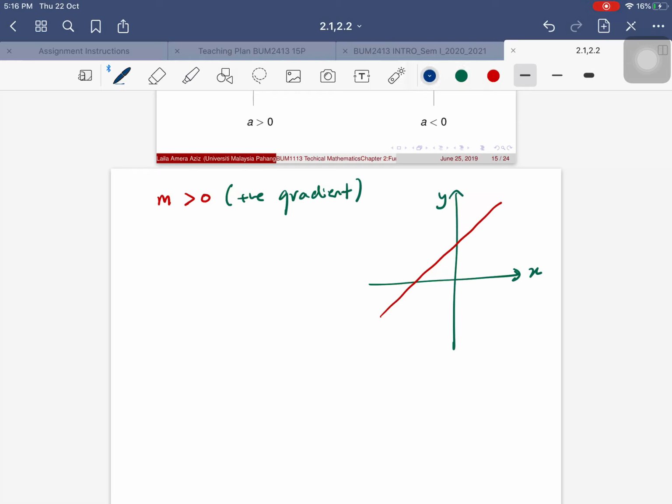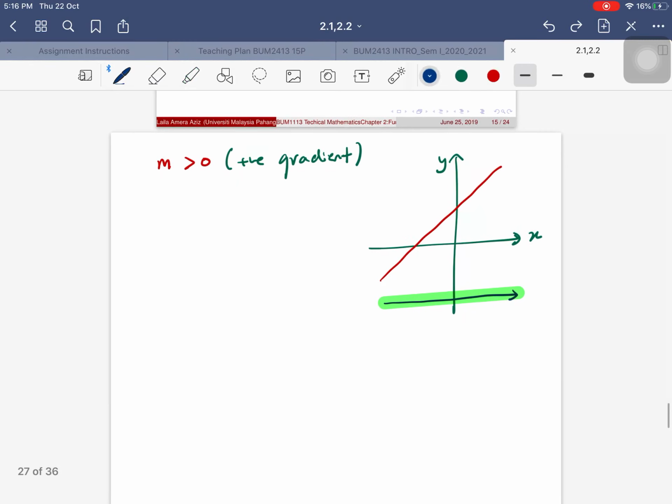You observe what happens when the value of x increases. This is where the value of x increases. As I go along this direction, the line is going up. That is telling us that yes, this is a positive gradient.